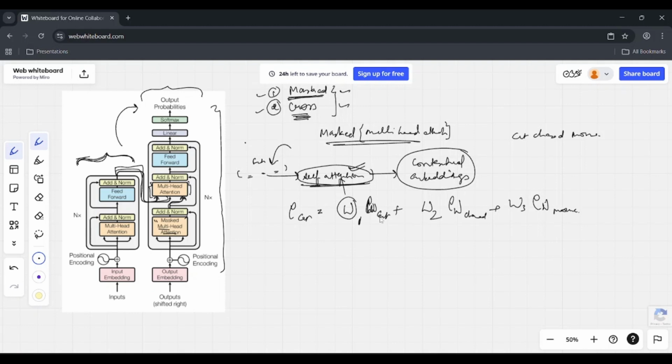So what we are saying is that cat is actually made up of word embeddings of each of the words that are present in our sentence, because this is what contextual embeddings are.